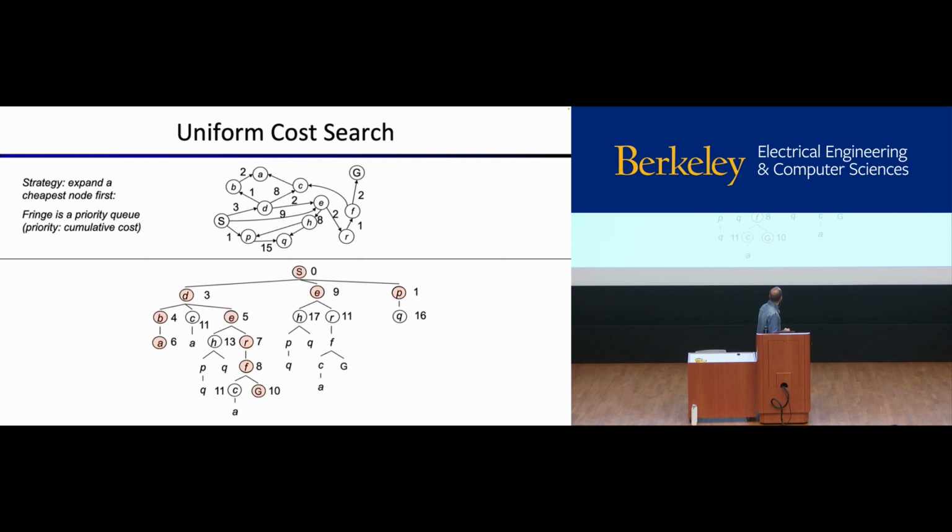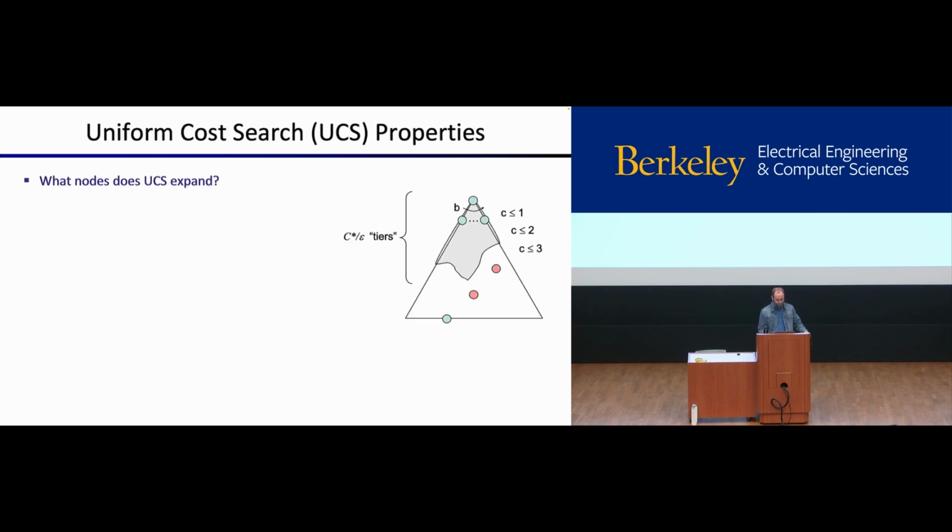Sorry, the fringe is the clear ones. The red are the ones we've done already. Any other questions? Yeah, you keep going in numerical order until you would expand the goal state. And if you would expand the goal state, you say, wait, no, we're done, and you return it.